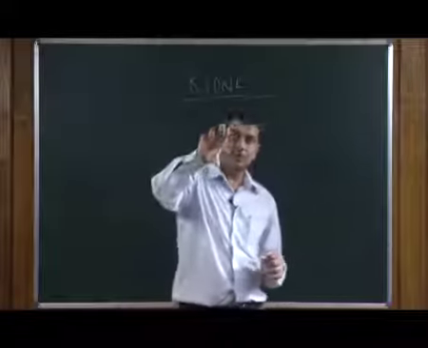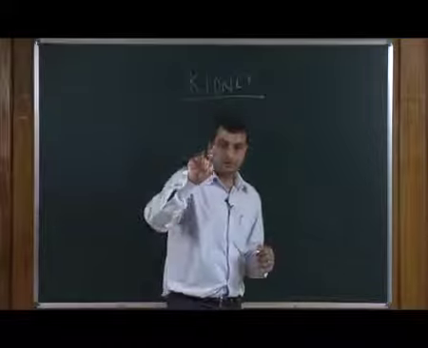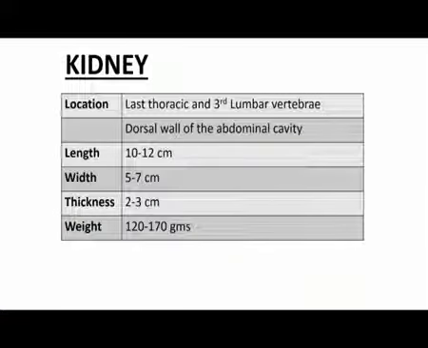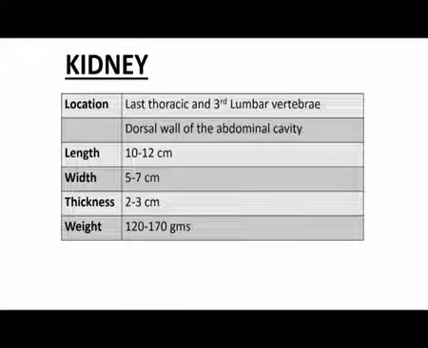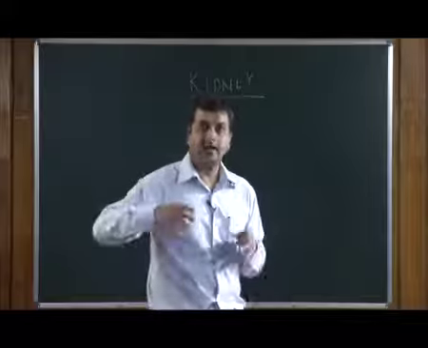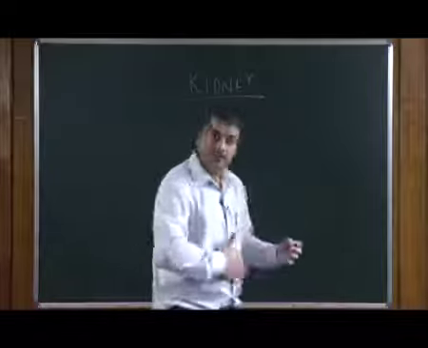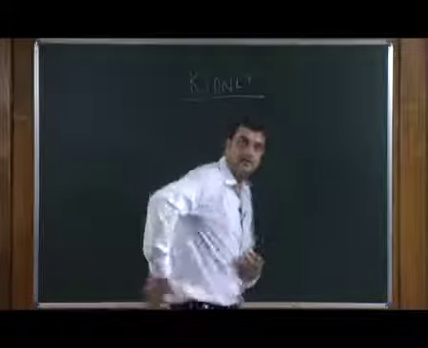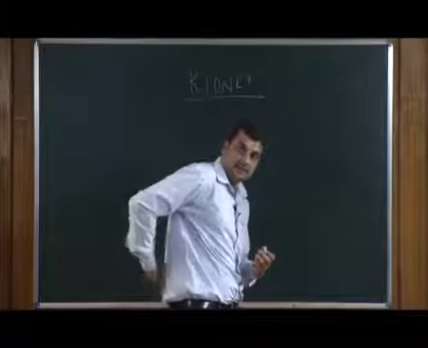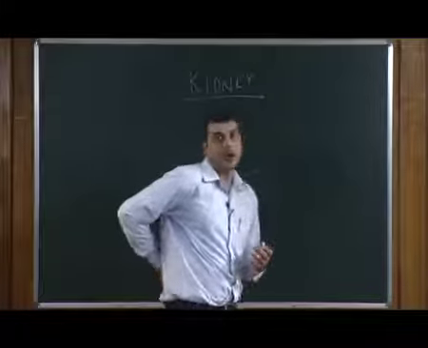So the location of the kidney, if you go to the slide once again, is between the last thoracic and third lumbar vertebrae. Basically this is the abdominal cavity, and the kidney is not on the ventral side. So this is ventral, this is dorsal. It is located in the dorsal wall of the abdominal cavity.